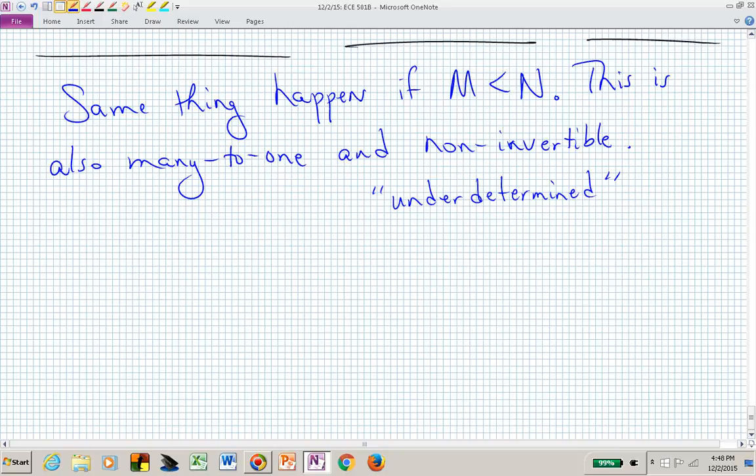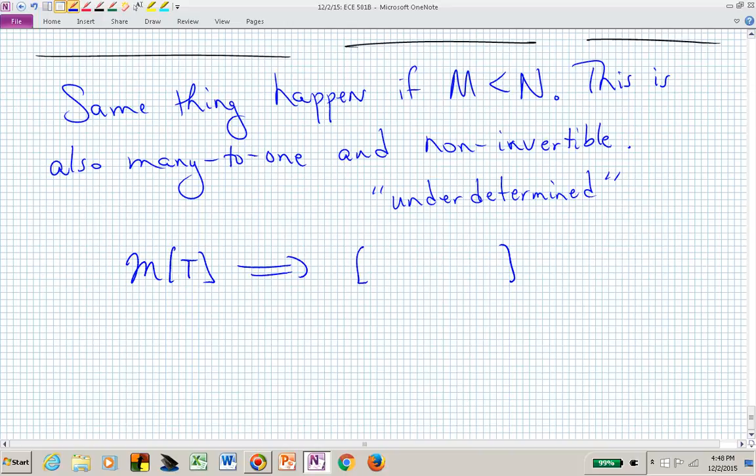If you wanted to think about the structure of the matrix representation of T, it has this shape, doesn't it? It's short and wide. So we have many more unknowns than we've taken measurements on.